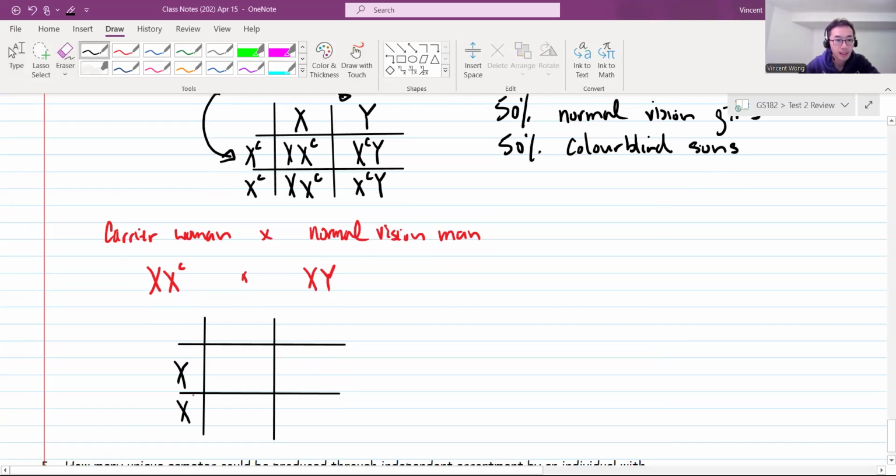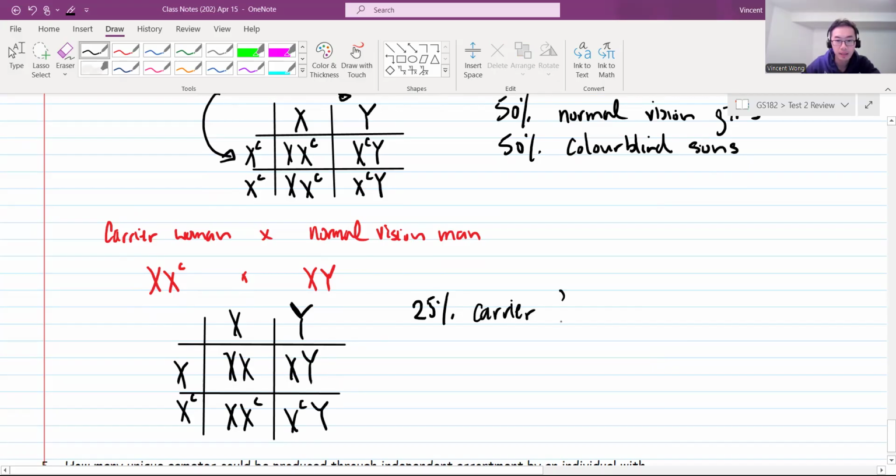So that's like that on the side, and then this like that on the top. And if we do it, you can say 25% carrier female, which is like this one, right?